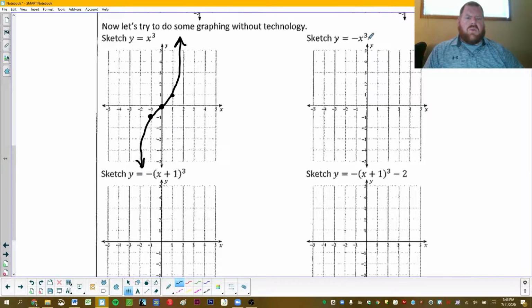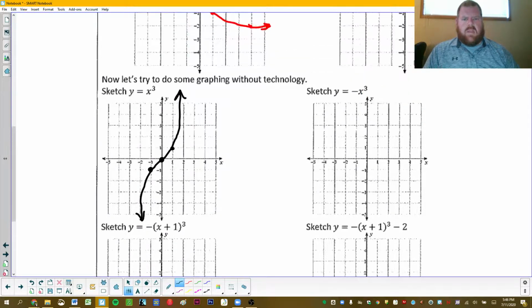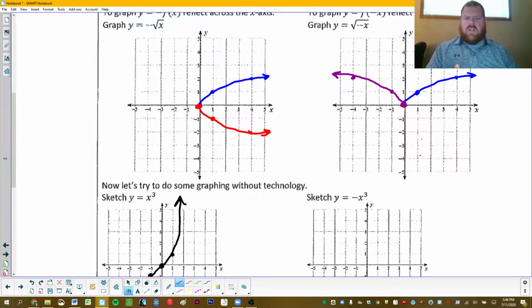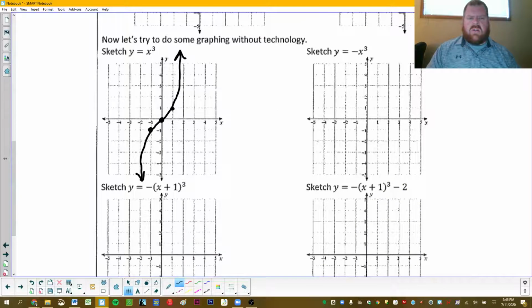Now, what does this one do? Right, the negative on the outside, negative f of x, is going to reflect it across the x-axis. So that's going to take this one and reflect it across the x-axis. Whatever was down below becomes up here, and so we get something that looks like this. 0, 0 is always going to reflect back to 0, 0, so it's kind of boring, but it just goes this way now.